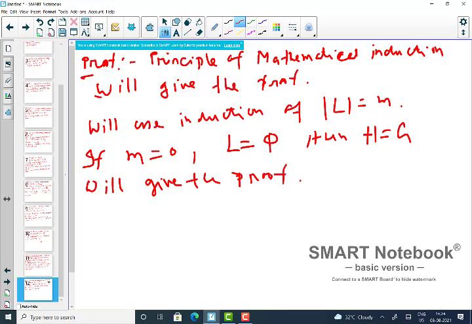Okay, so now we'll assume that you have at least one element, so m greater than 0. In mathematical induction, you know that you have to assume that something is true. That is called the induction hypothesis.